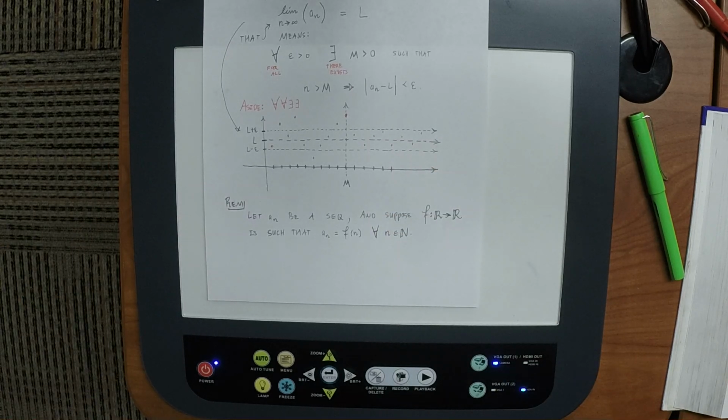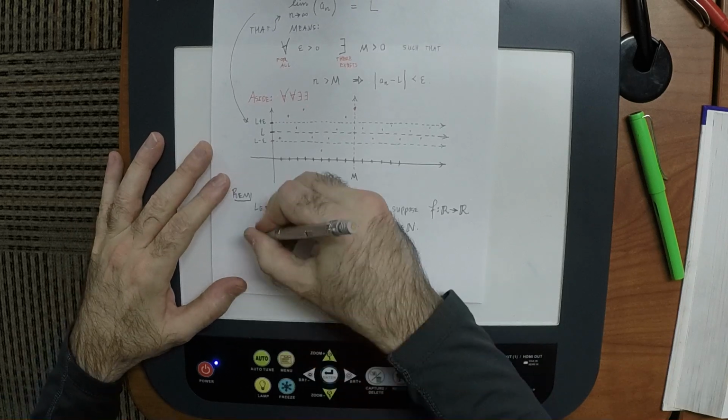Meaning that the function is like a curve. It can be doing any old thing, but it's in agreement with the sequence at every natural input.